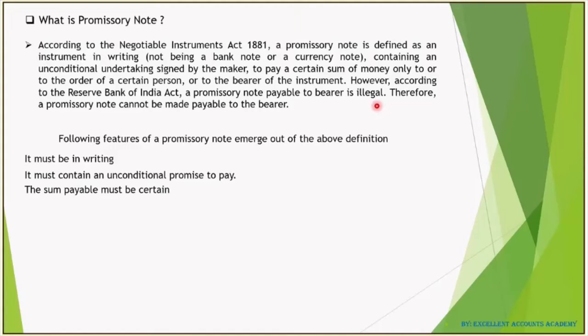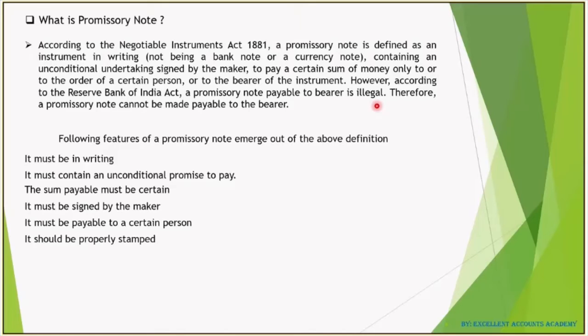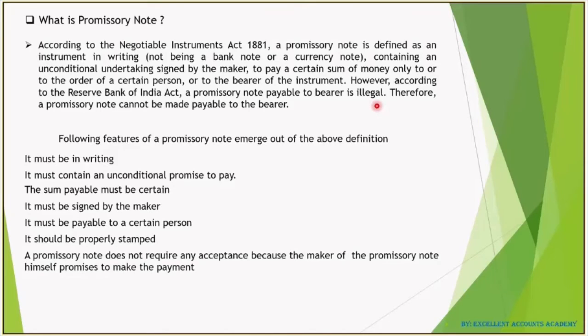The sum payable must be certain. It should not be an uncertain amount. It must be signed by the maker. It must be payable to a certain person. It should be properly stamped. A promissory note does not require any acceptance because the maker of the promissory note himself promised to make the payment.